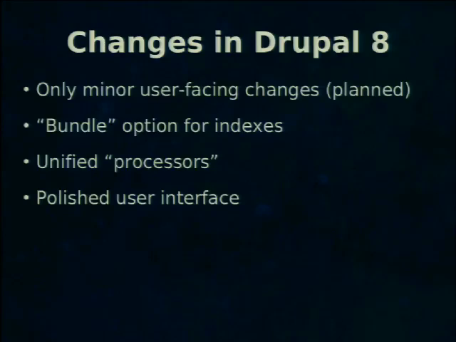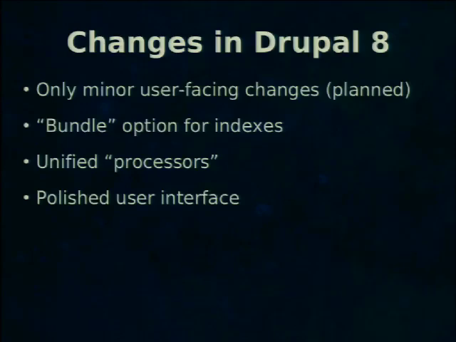Now I actually wanted to show as a comparison how that looks in Drupal 8. But this wasn't done in time, so I just have to summarize it. The changes will probably be rather minor, and practically everything you see here will be applicable to the Drupal 8 version of the module as well.